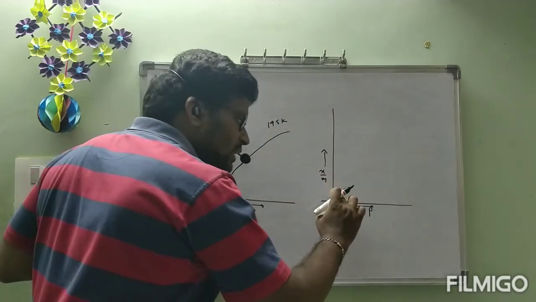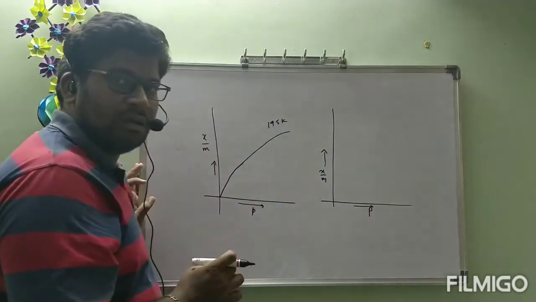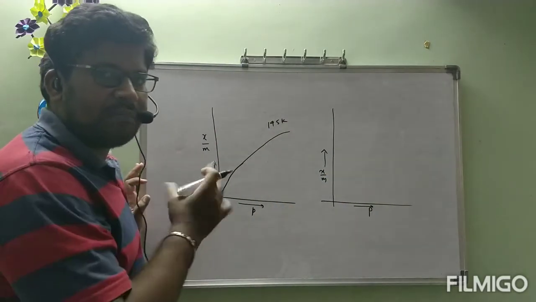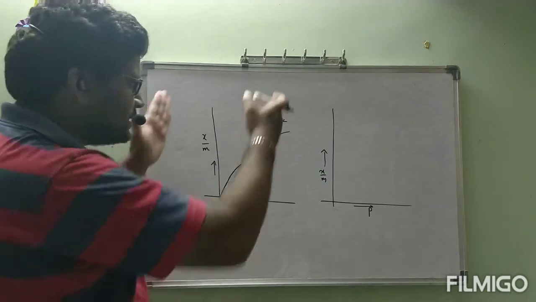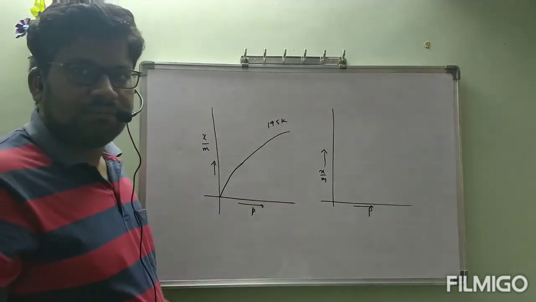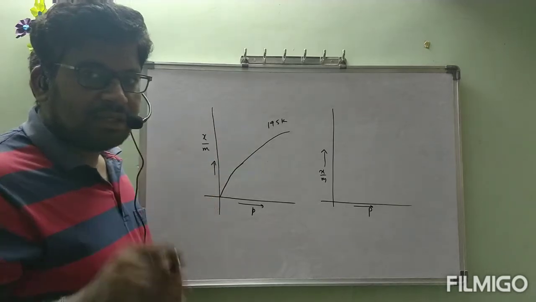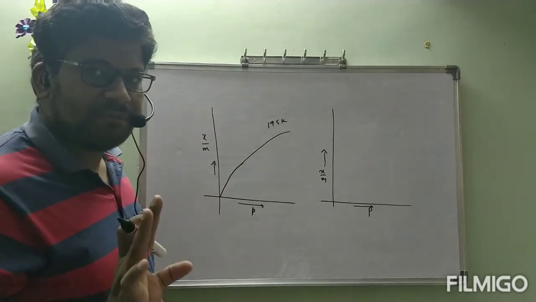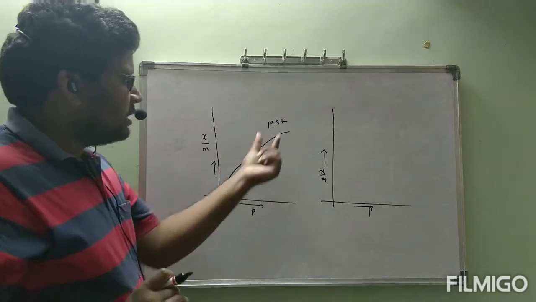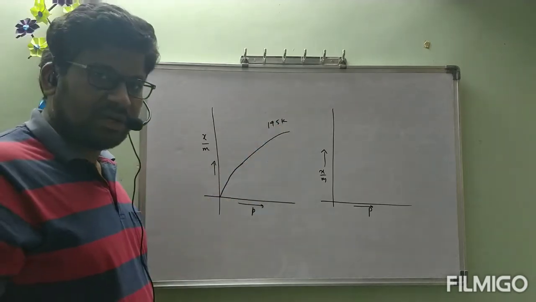But as long as this graph is drawn, the temperature is constant. That's why this graph is one isotherm, and that graph is another isotherm. The gas and adsorbent might be the same, but we are changing the condition. As long as this graph is drawn, temperature is maintained constant at 195 Kelvin.